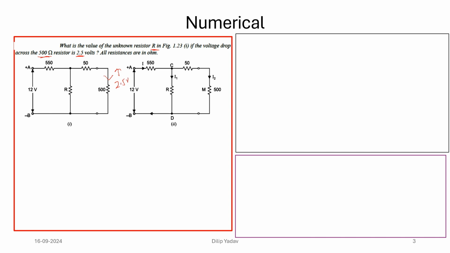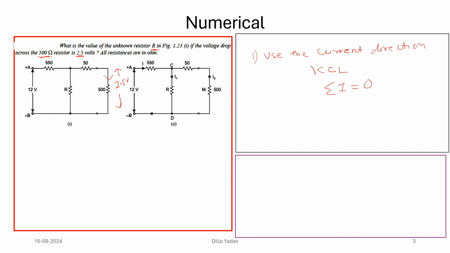The first approach when we start any numerical is to consider a current direction and satisfy the KCL equation, that is, the summation of all the currents should be equal to 0.